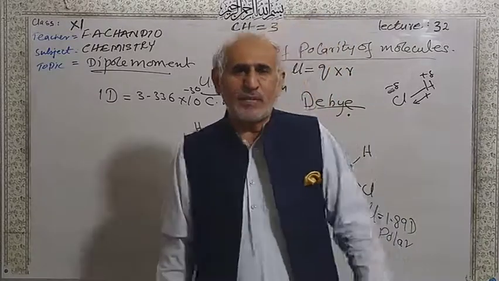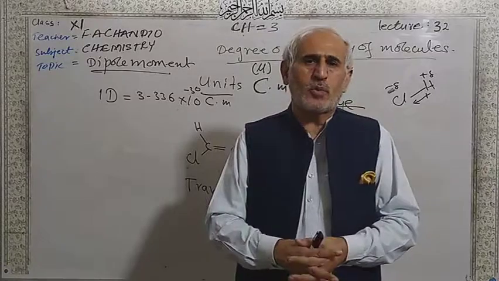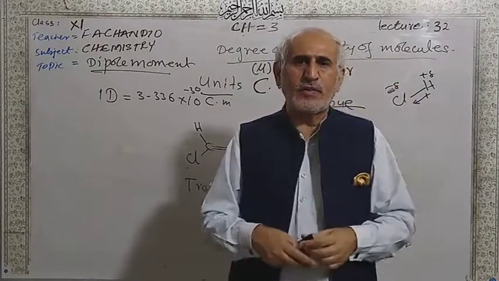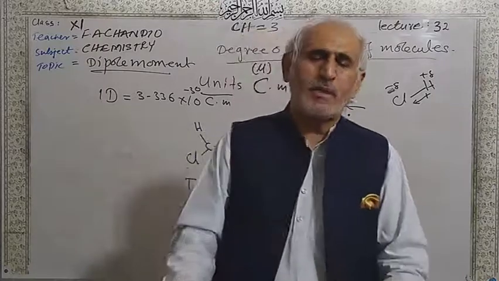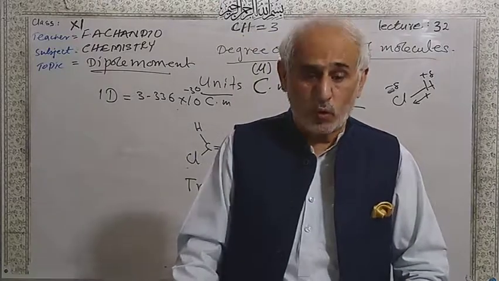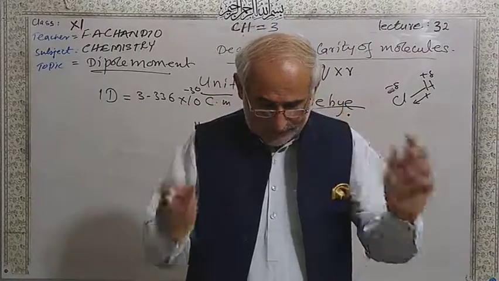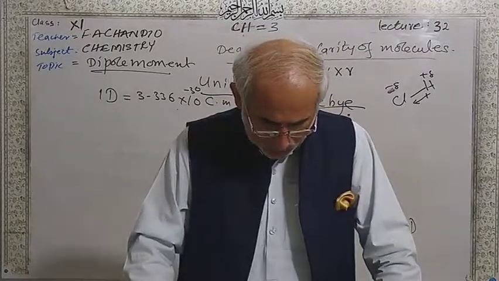If the percentage is more than 50, the bond is ionic. If the percentage is less than 50, then we call the bond covalent, but polar covalent. So this is the percentage of ionic character in covalent bonding.